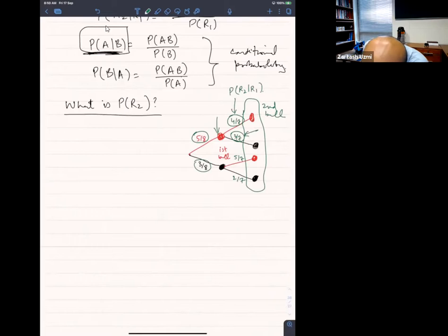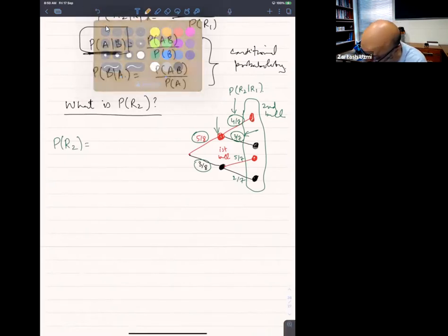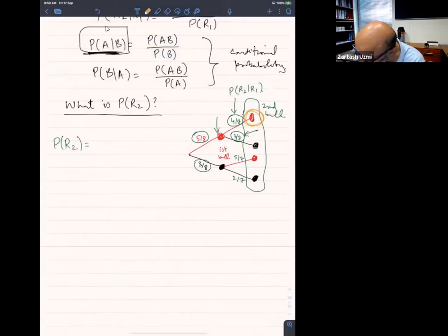Yeah. So the probability of R2 that the second ball is red, this can occur in two ways. एक ये हो सकता है आपके पास और एक ये हो सकता है. So इस पाथ की probability और इस पाथ की probability वो हमें पता होना चाहिए. So this would be 5/8 into 4/7 plus 3/8 into 5/7.